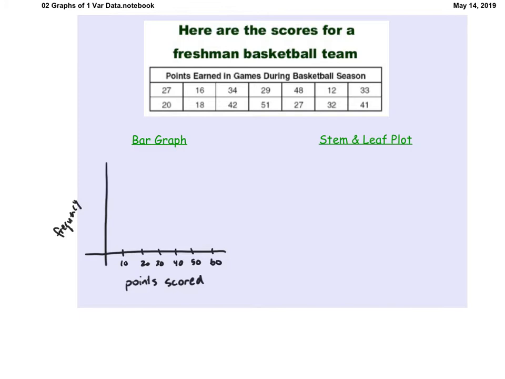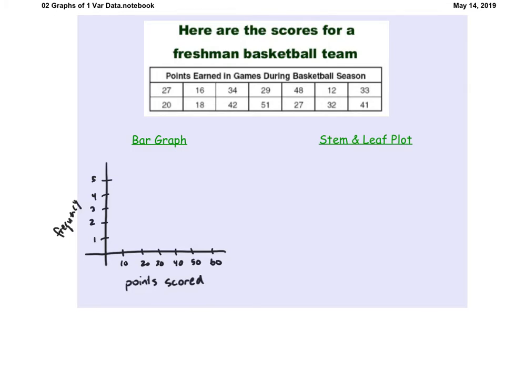And so I'm going to look at how many games would fit into each of those categories. And on my vertical axis, I'll just make this a frequency of 1, 2, 3, 4, and 5, and we'll see if that will take care of everything here.